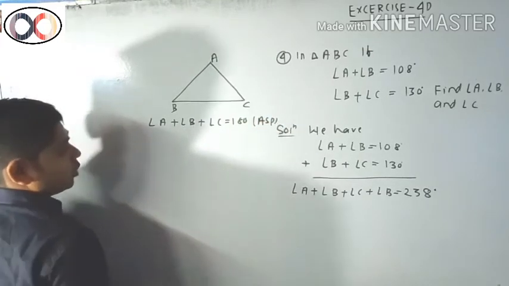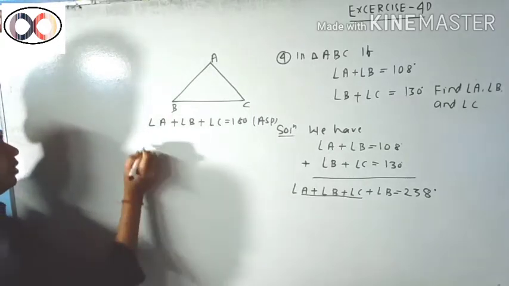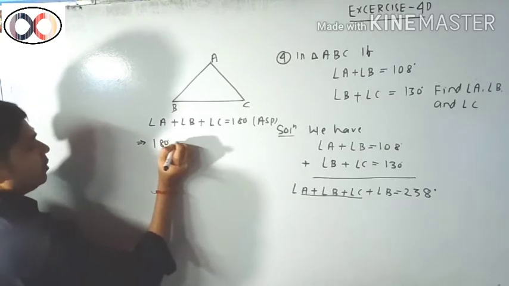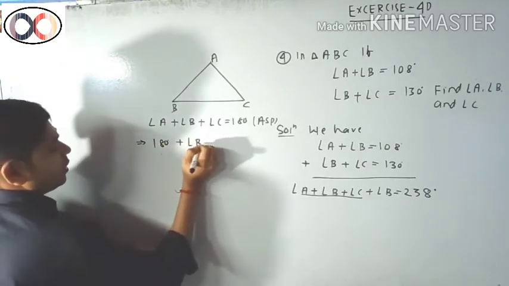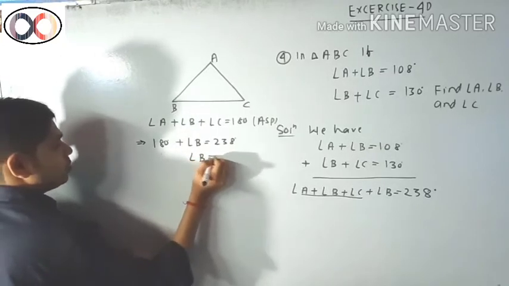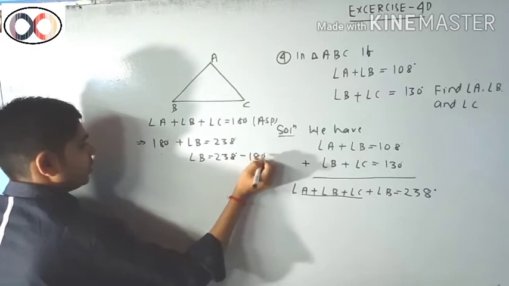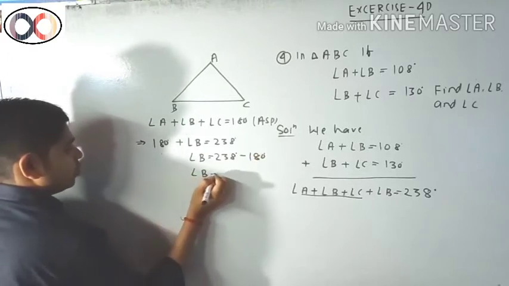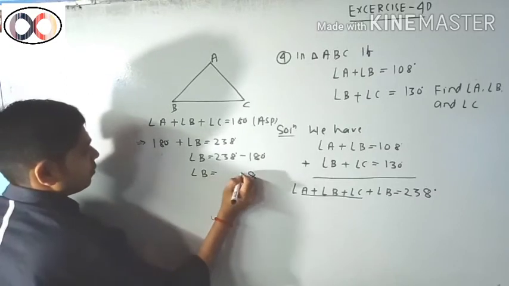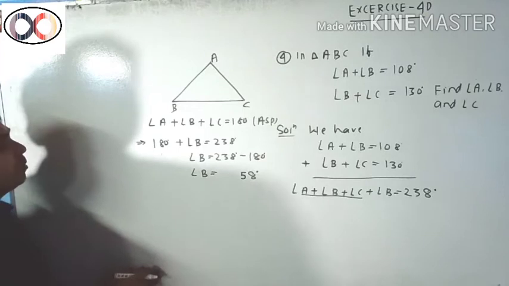So you can put the value of A plus B plus C equals 180. You will get 180 degrees plus angle B equals 238 degrees. So angle B equals 238 minus 180, which is 58 degrees.